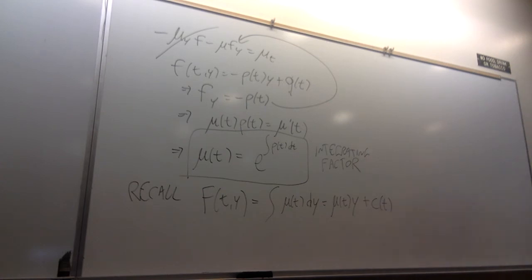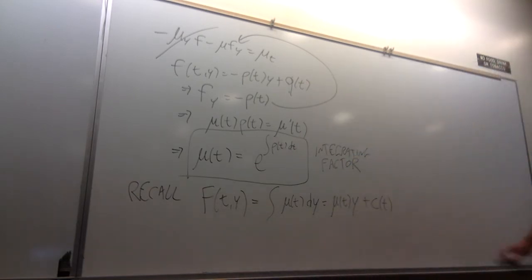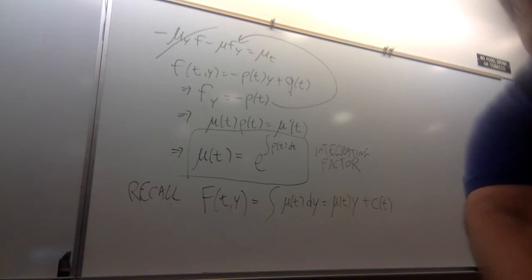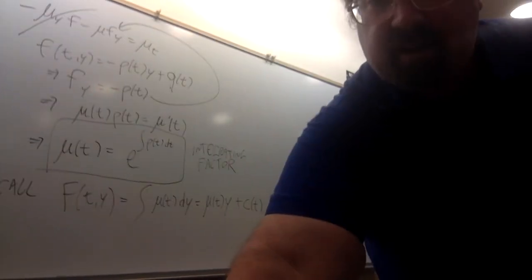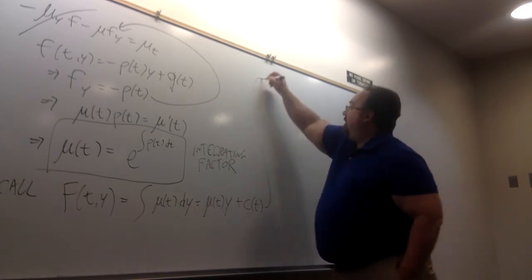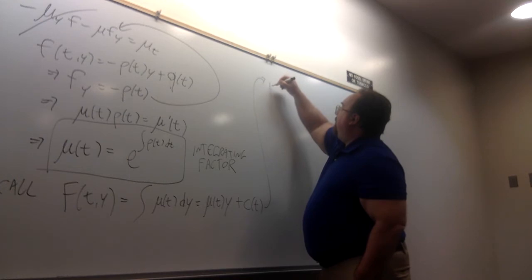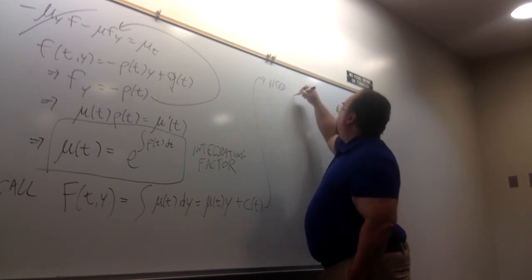So once we know this, we're done, and I can write down a solution formula for you. Okay. Now, how that is done, we have this equation that must be satisfied.